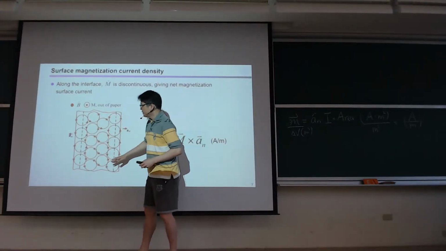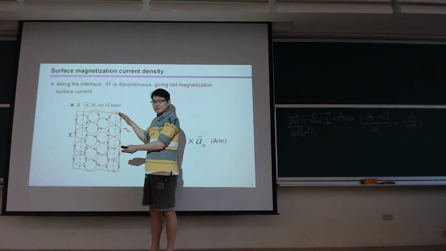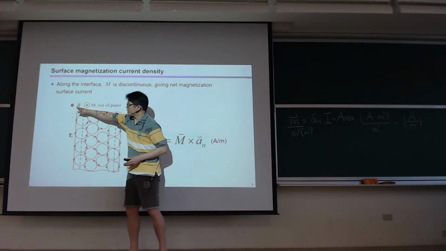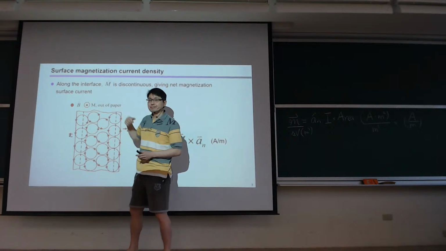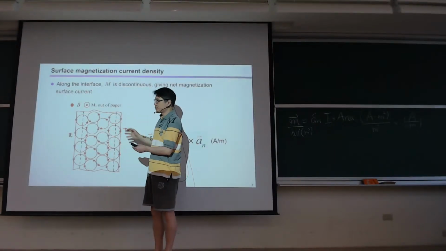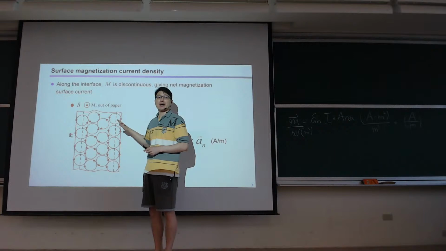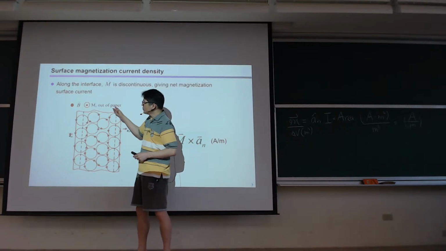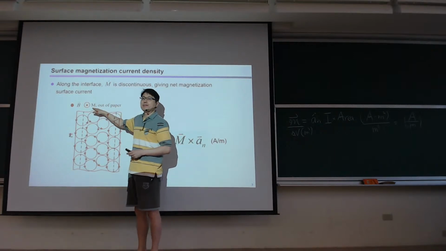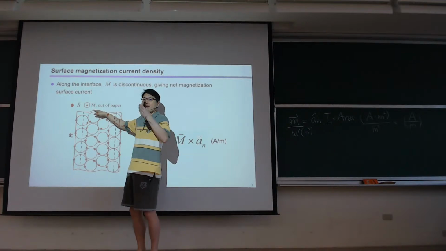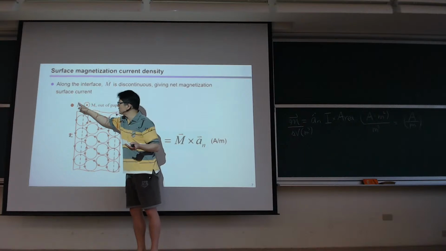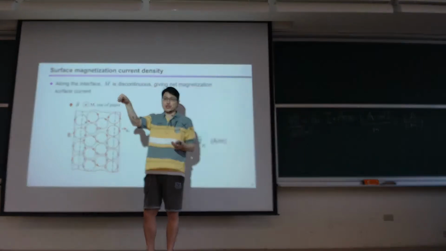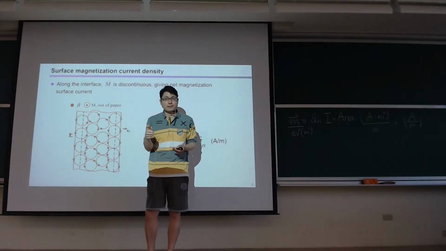So here, I'm showing you a magnetic material. Your externally applied field is out of paper. And here we assume this is a nice magnetic material. So all the induced magnetic dipole moments, and therefore the resulting magnetization vector, are also aligned to your externally applied B field.